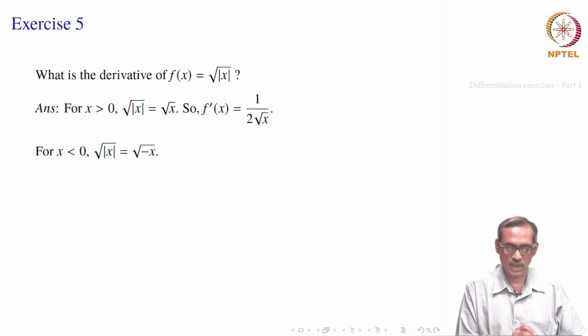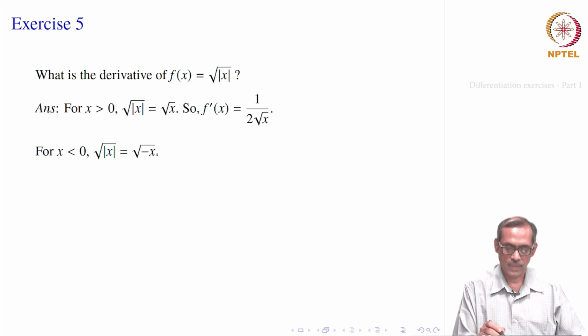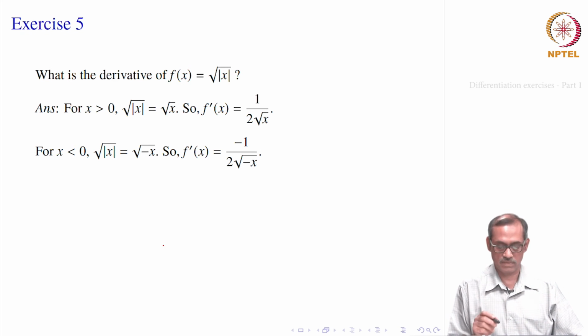Now, when x is less than 0, mod x becomes minus x. So square root of mod x is square root of minus x, and since x is smaller than 0, minus x is positive, so that is meaningful. Now, to differentiate, we differentiate with respect to x, not minus x.